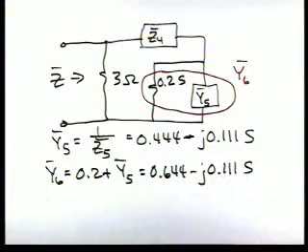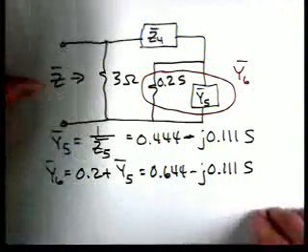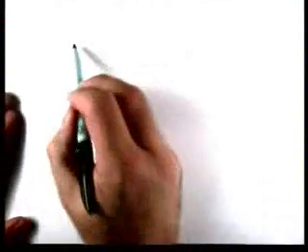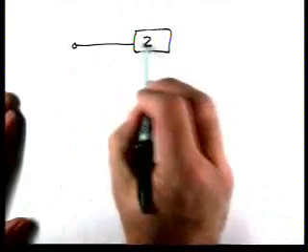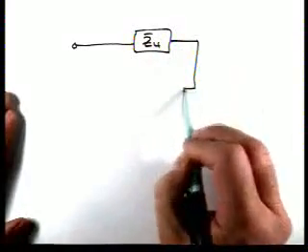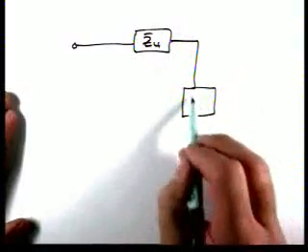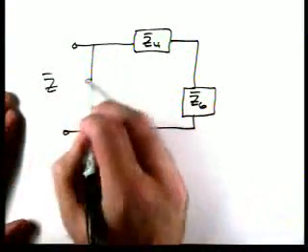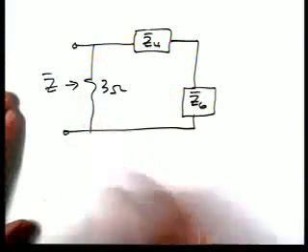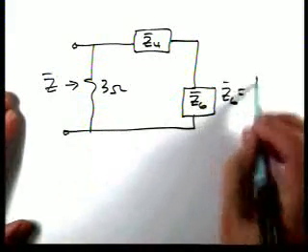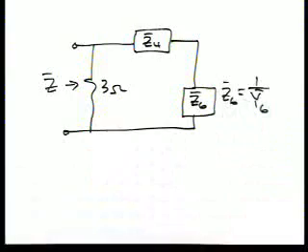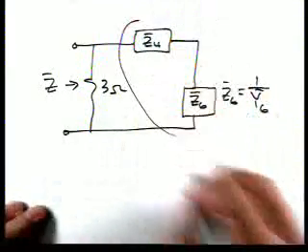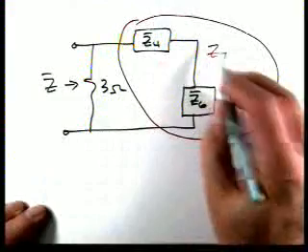So now we can again take this circuit and redraw it after that combination. And now it'll look like we'll have Z4. I'm going to go ahead and convert Y6 to Z6 because they're in series, and we know that Z6 is 1 over Y6. So now I'm going to define that as Z7.